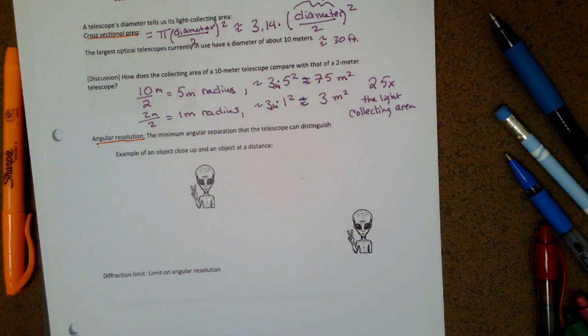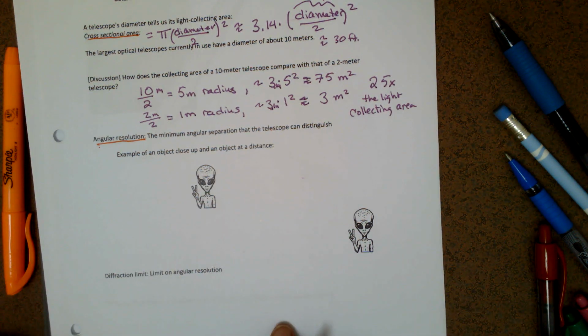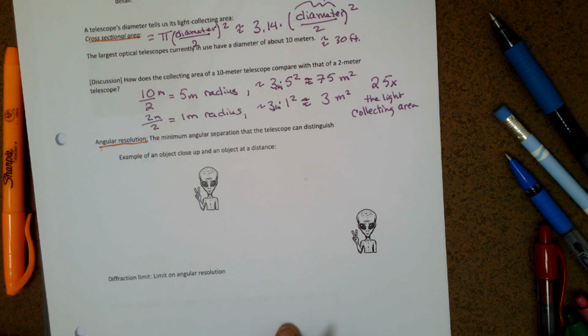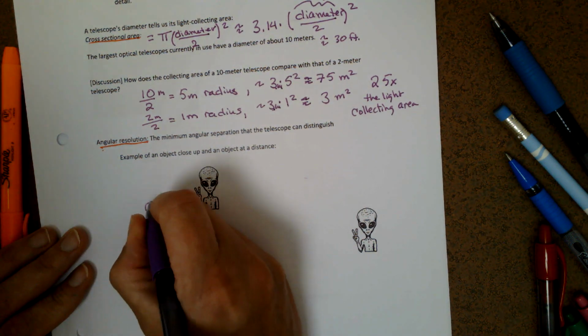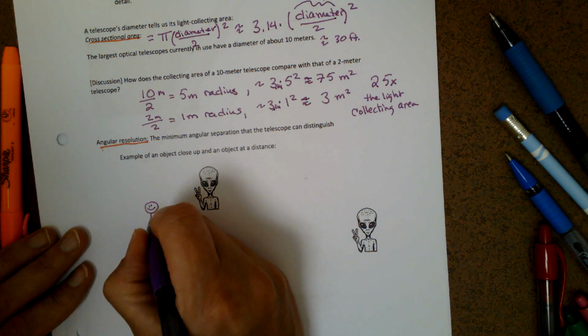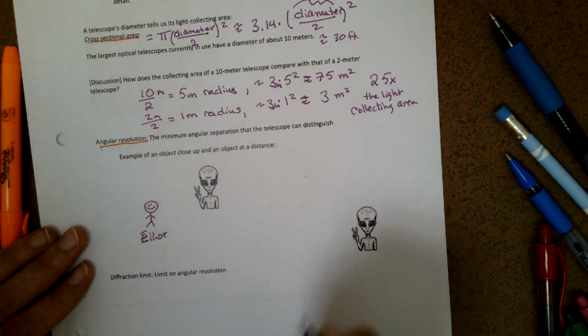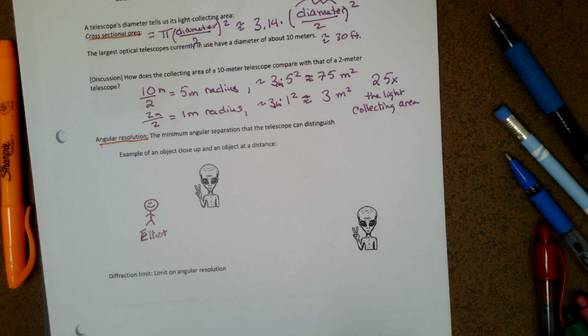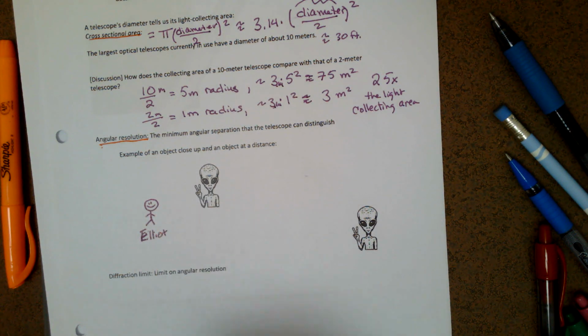So, just clarifying that. Let's take a look at these two aliens and get an idea of what we mean when we talk about angular separation. Let's put our friend Elliot, our observer, here, and see what the angular separation is for the top and bottom when looking at this alien versus looking at that alien.